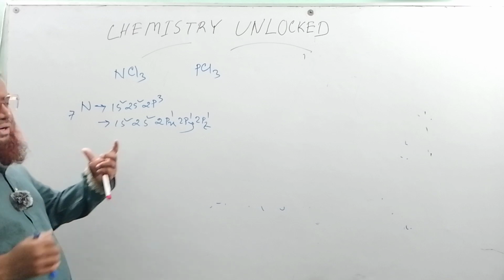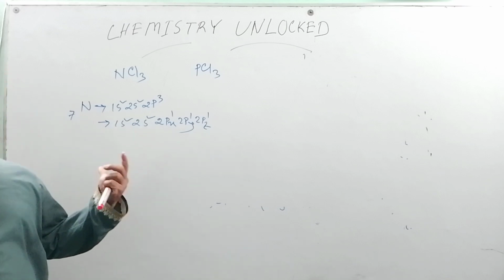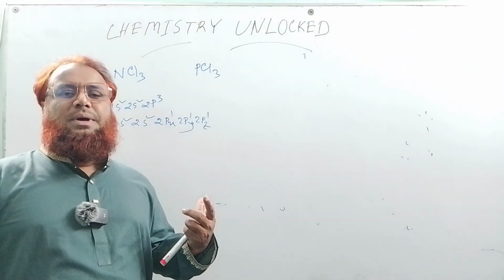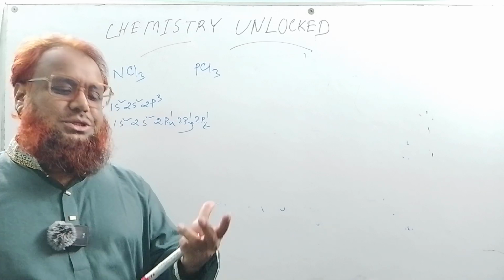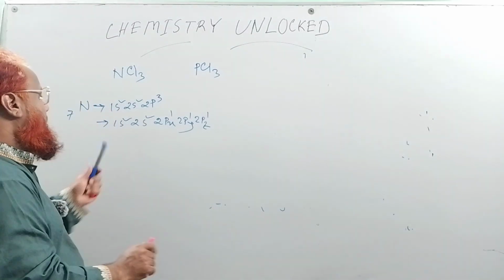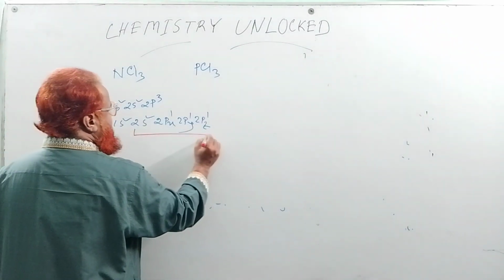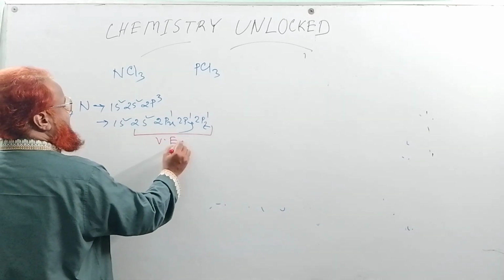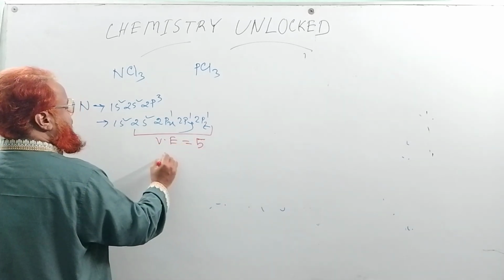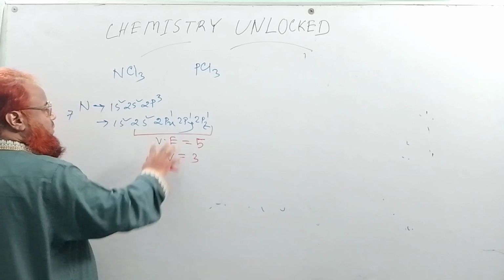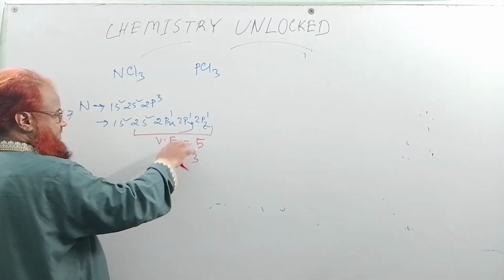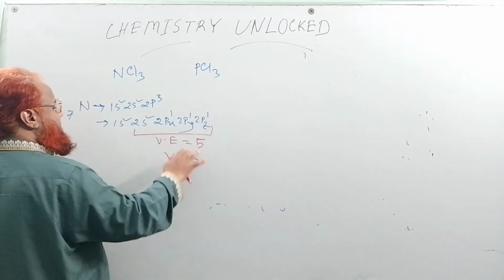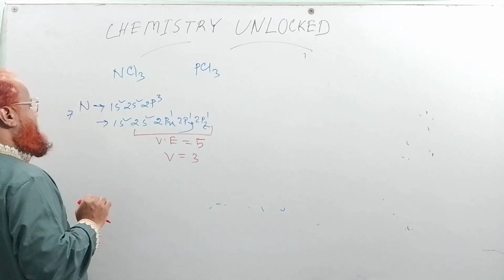In this electronic configuration, we can see that nitrogen atom has total two shells. So this is its valency shell. So valence electron is 5, valency is 3. Total number of valence electrons is 5. Number of unpaired is 3, so valency is 3.